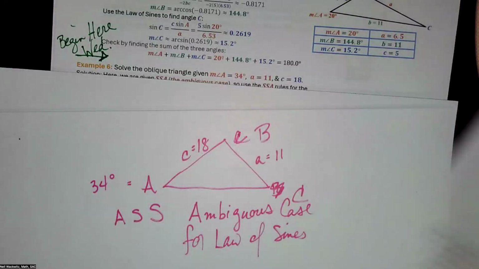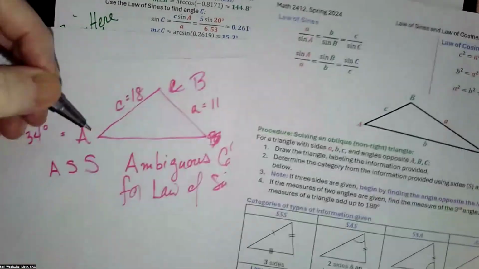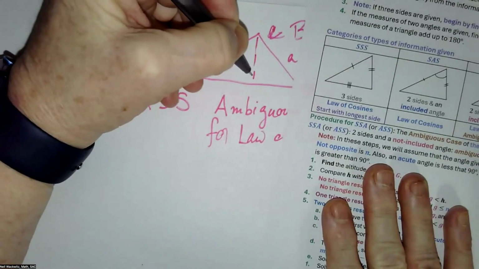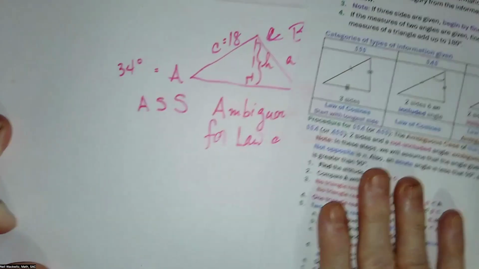So not the side opposite, but not opposite. So I'm going to use C and A, and I want to find this height.